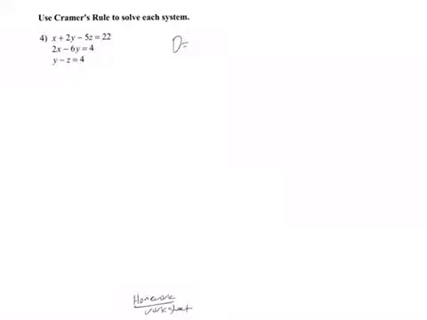D is going to equal 1, 2, negative 5, 2, negative 6, 0, 0, 1, negative 1.